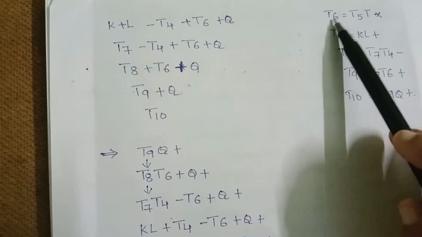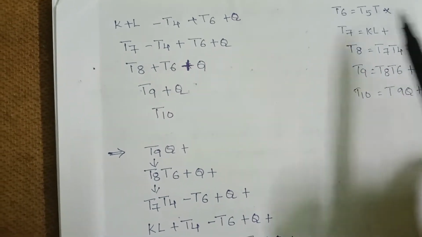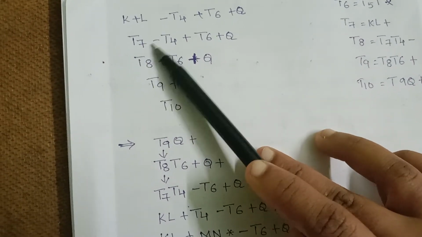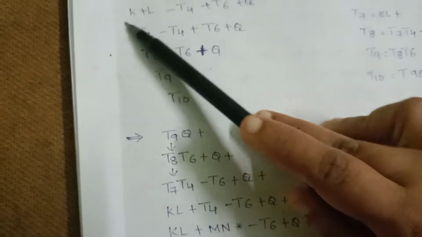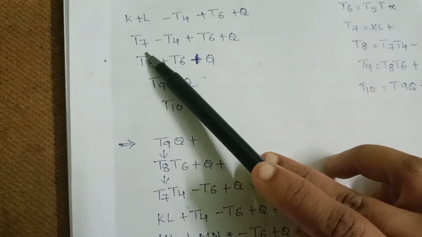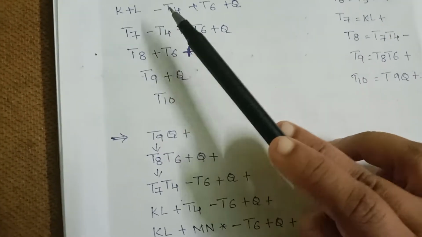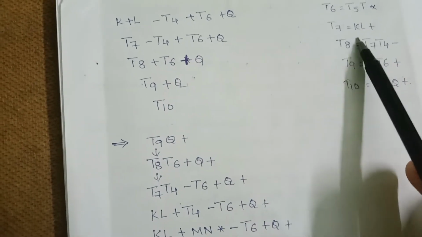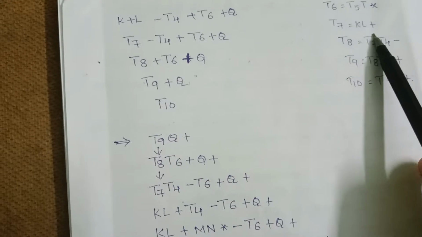So here t6 is nothing but t5 t star. And t7, the next operator precedence we are giving for plus. So in place of this k plus l, we are assuming a temporary value as t7 minus t4 plus t6 plus q. So t7 is nothing but k l plus.